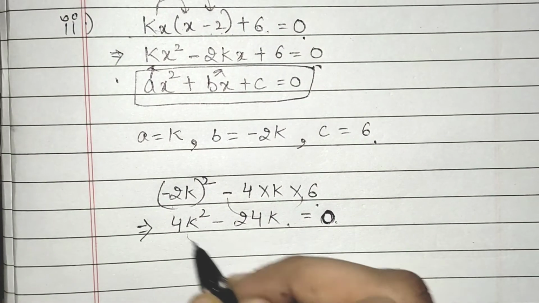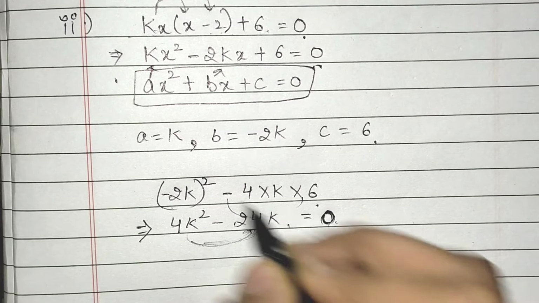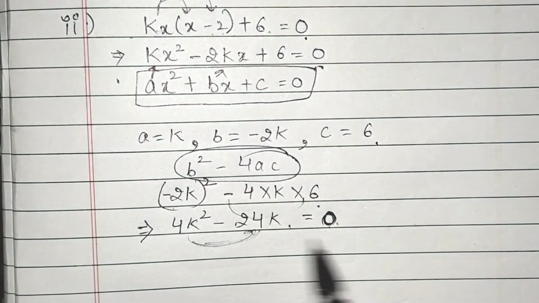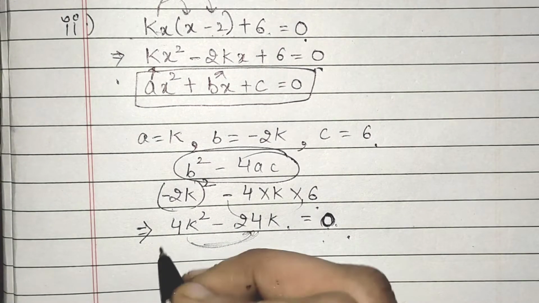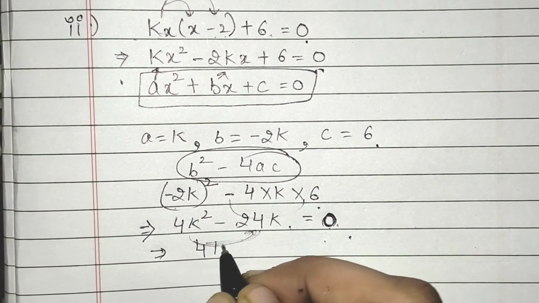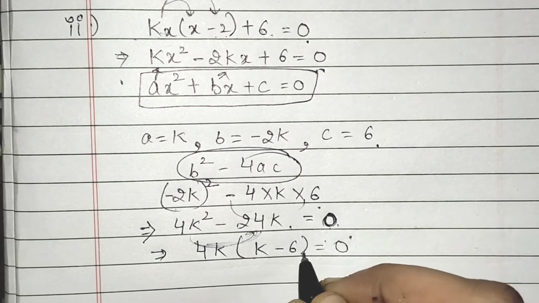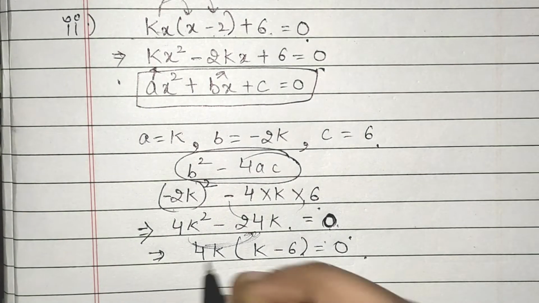So this value is equal to 0. We have derived this, no? B square minus 4ac is equal to 0. So now take out 4k as common. Inside the bracket it will be k minus 6 is equal to 0.